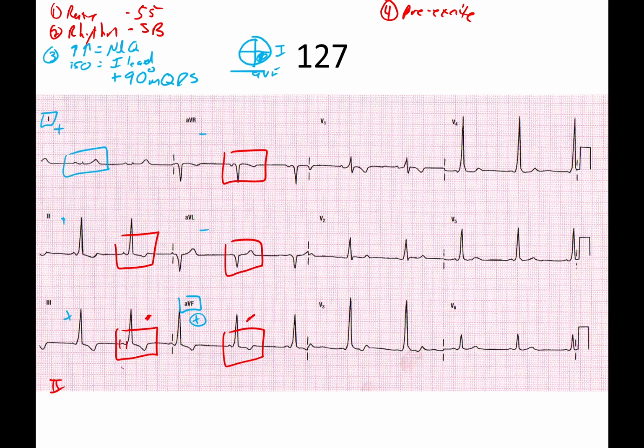And my PRI is probably right at 0.12. And I know it's difficult to see with this zoomed in as close as it is. And then so that's our PRI. And then our QRS from here to here is probably right at 0.12 as well.